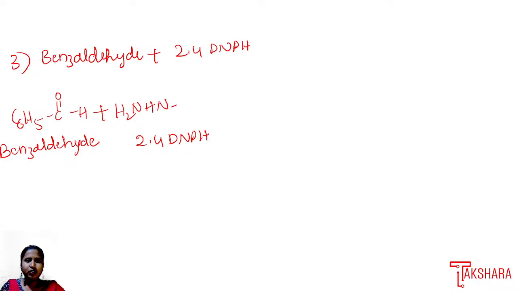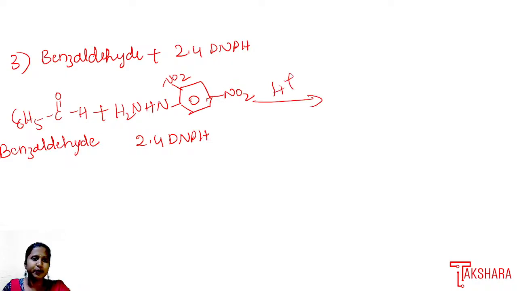NH2NH benzene ring, with NO2 groups attached at the second and fourth positions, and it undergoes the reaction in the presence of acidic medium.